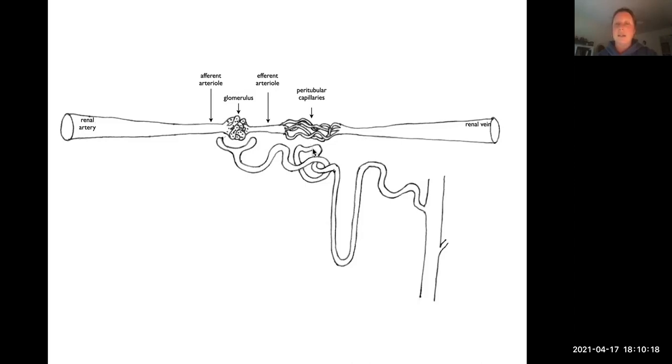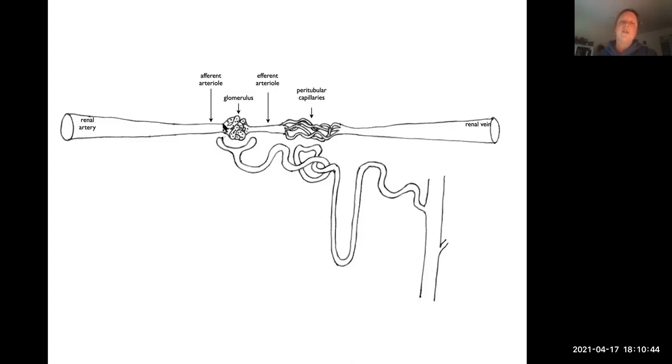If it's a waste substance, then the transporters don't put it back into the blood. It remains inside the tubule and then leaves the body. This is a somewhat simplified version of how it works. So if you're reading the textbook or you're looking up other things on Google, you will see that it is slightly more complex, but this is good enough to understand how it works.